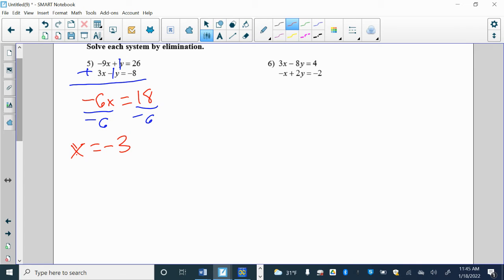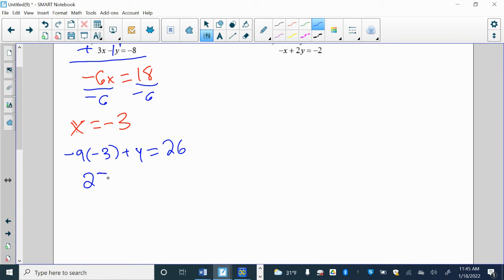Similarly to before, once we get a number for a variable, we can just substitute that back into either of the original equations to solve for the other one. We could pick either. So maybe we pick the top one, negative 9 times negative 3 plus y equals 26.